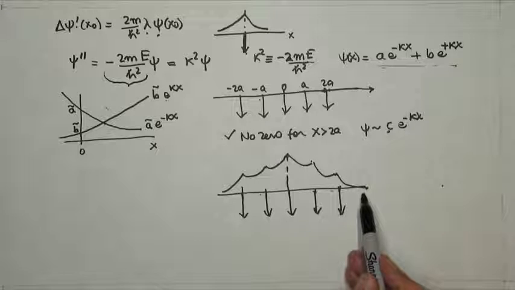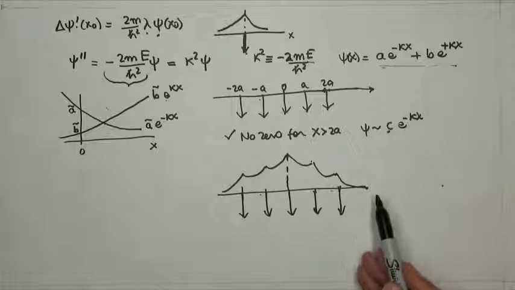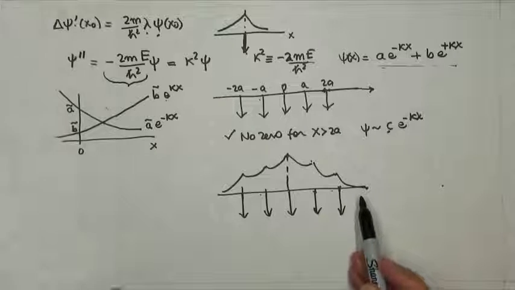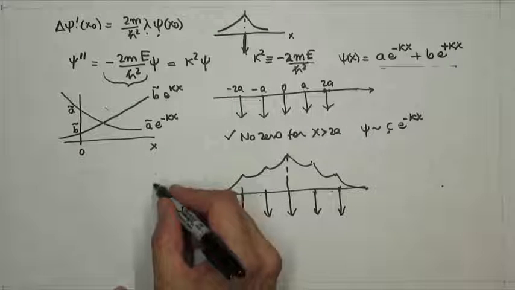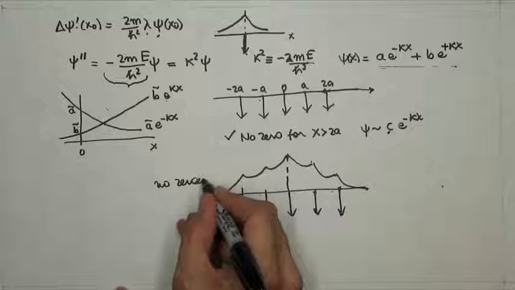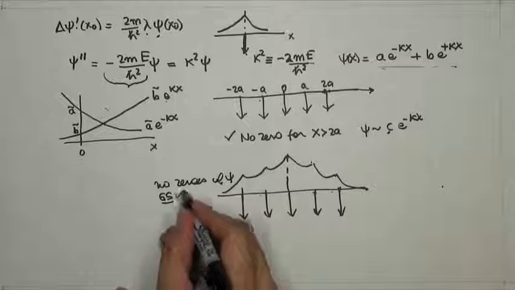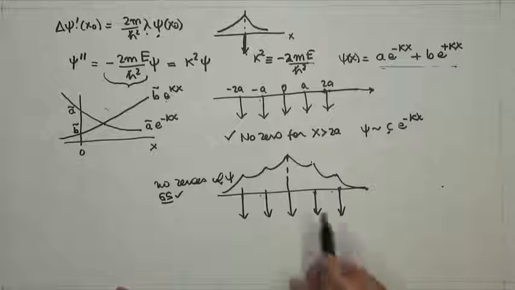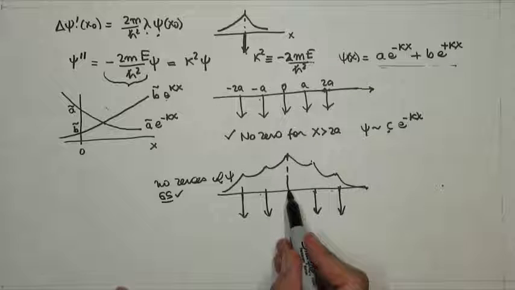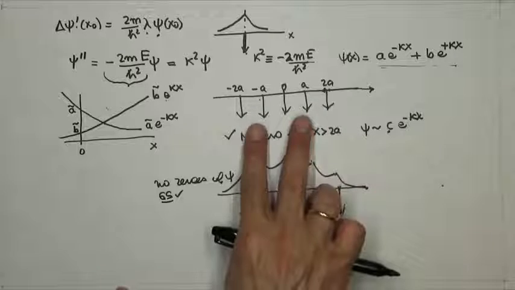This is somehow the way the ground state wave function looks. So this is no zeros of psi, so this is the ground state, roughly.